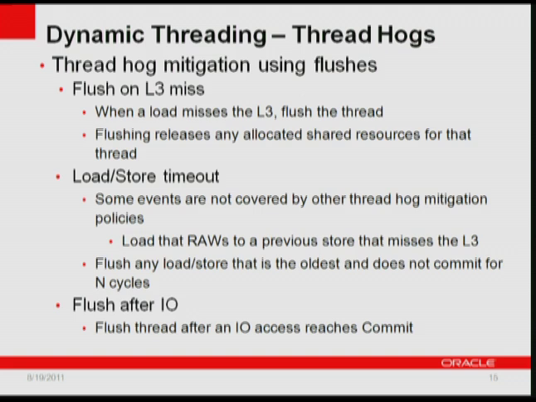So what we do is, anytime we have a load or store that becomes the oldest in the machine for that thread, and it has not committed for a certain number of cycles, we go ahead and we flush that thread, again under the assumption that this is going to take a period of time to resolve the condition that led to it not being able to commit. Similarly, if we have an I/O access that reaches commit and it is not ready to commit, we go ahead and we flush the thread.